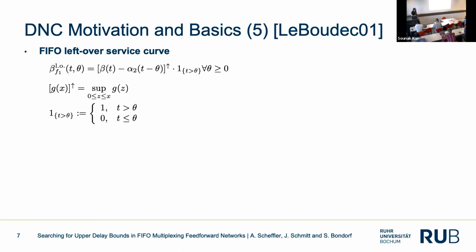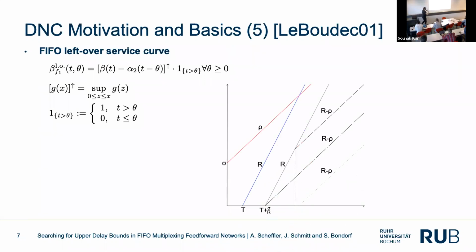The big challenge is that we do not know the theta parameter. Alexander created this figure to show you, based on a rate latency service curve, the blue one, and this green or red one, a token bucket curve in the notation of sigma rho, not RB as we saw before, what happens if we have this service curve and we remove this arrival curve.